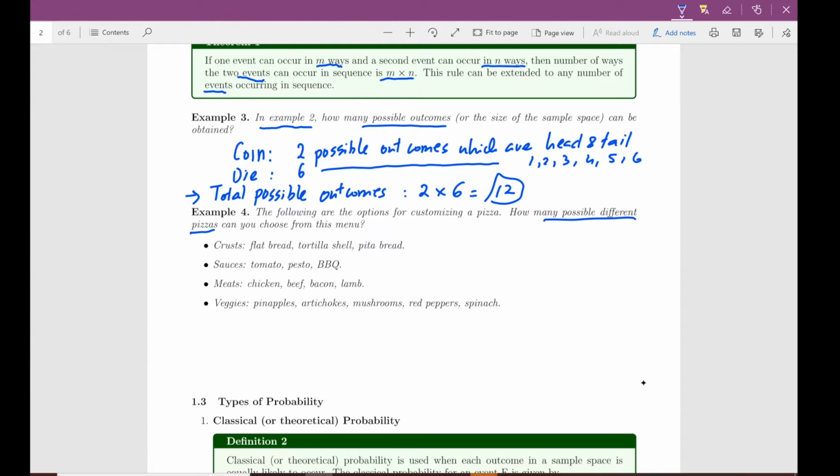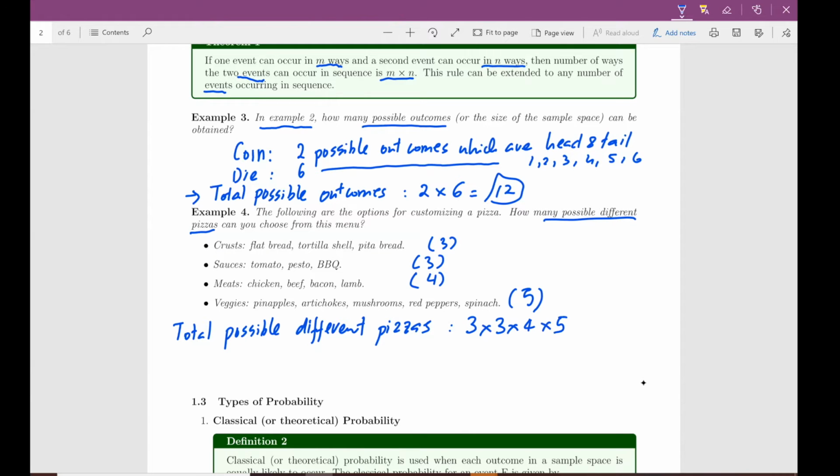When you have 3 choices for crusts, 3 choices for sauces, 4 choices for meats, and 1, 2, 3, 4, 5 choices for vegetables, then the total possible different pizzas that you can choose from this menu is 3 times 3 times 4 times 5, which is 120.